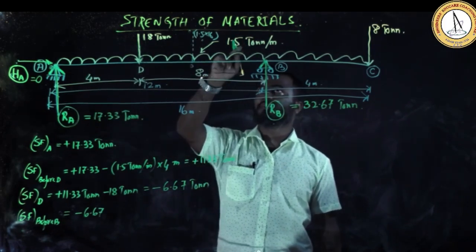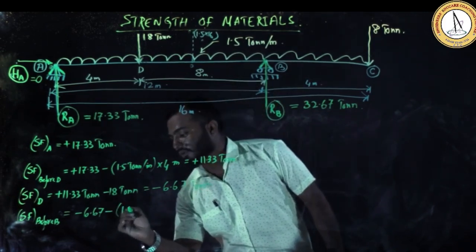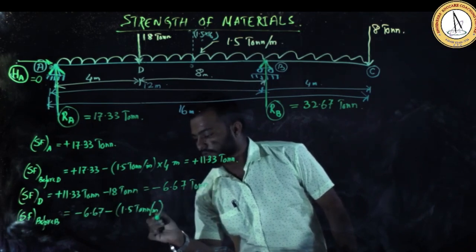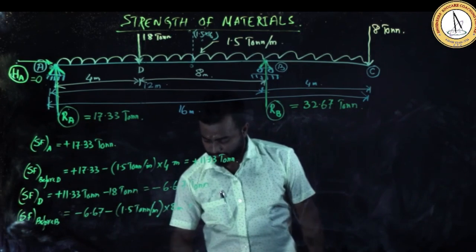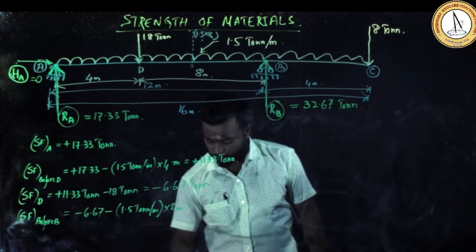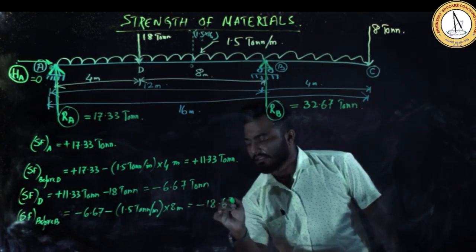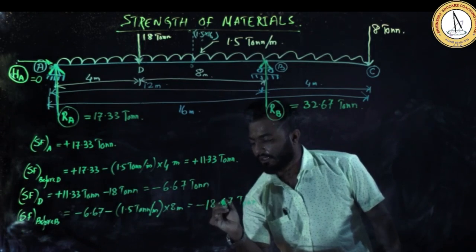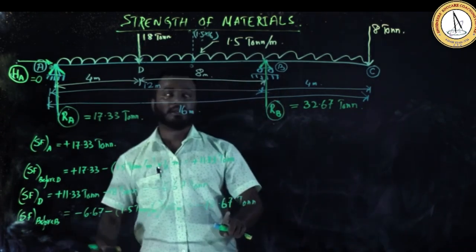It is 1.5 into how much distance? 8 meter. So minus 1.5 ton per meter into 8 meter. If you solve it, you will get minus 18.67 ton just before B.